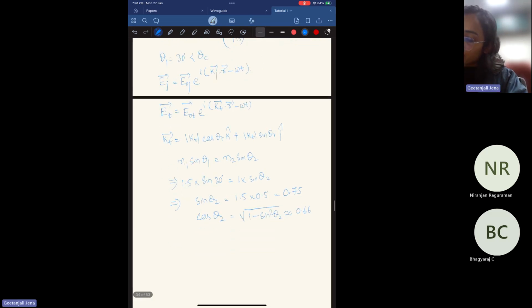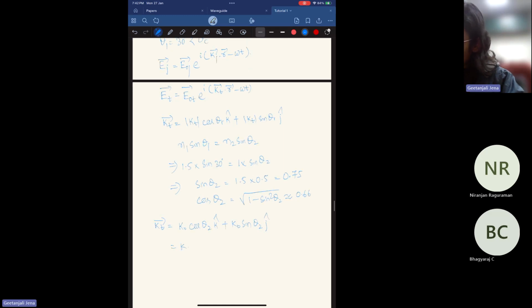So that means k_T now will be, since the second medium is free space, n equal to 1, so the magnitude will be k0. It is k0 cos theta r, and cos theta r is cos theta 2, K cap, plus k0 sin theta 2 J cap.